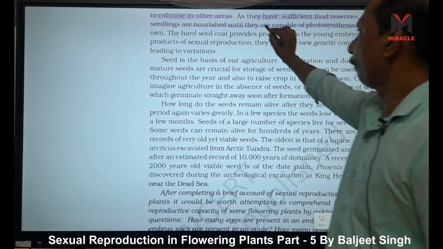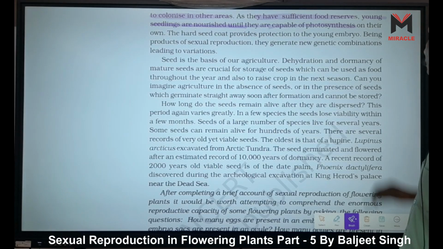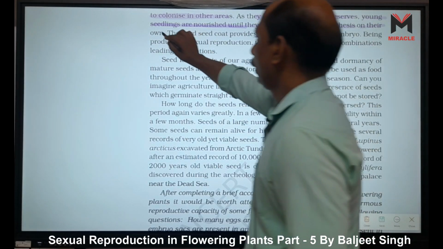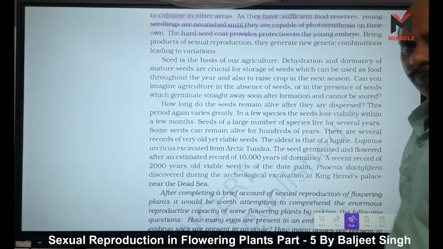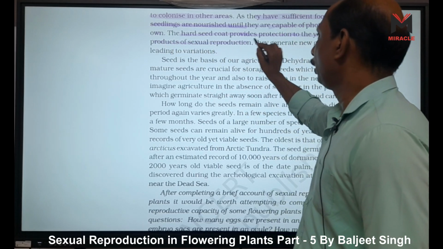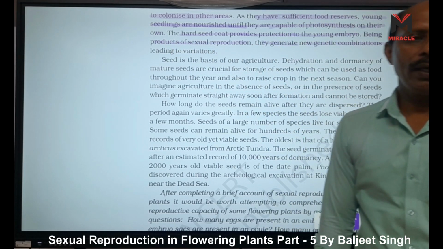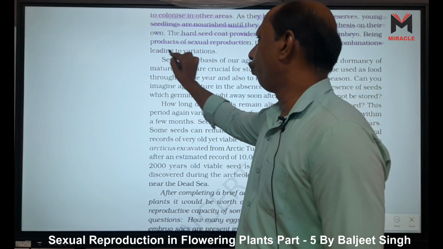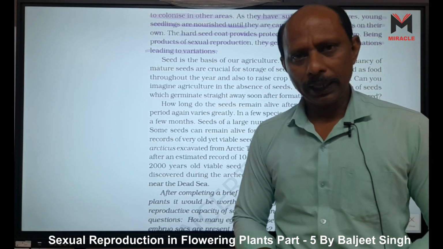So the seedlings are nourished on their own, and the hard seed coat provides protection to the young embryo. Also, being a product of sexual reproduction, they generate new genetic combinations, leading to variation. Different varieties are obtained, right?